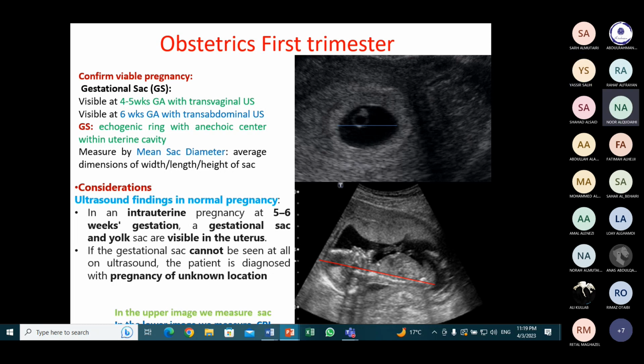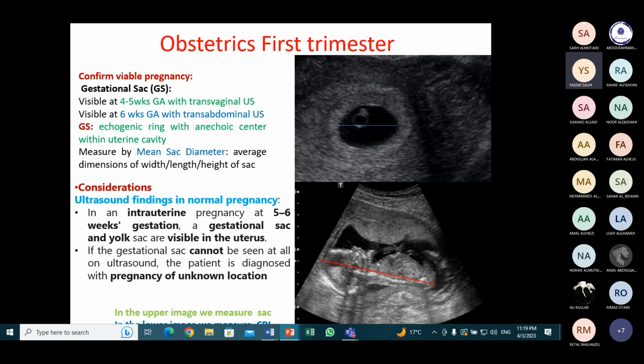Maybe nausea. Yeah, nausea, yes. Delay in her menstrual cycle. Yes, so this is called amenorrhea. Delay of the menstrual cycle or amenorrhea is the first sign.